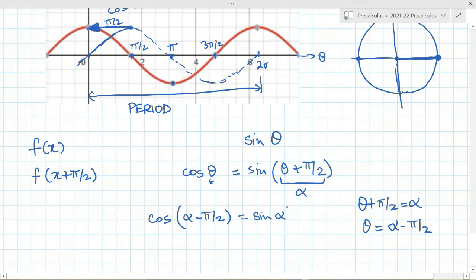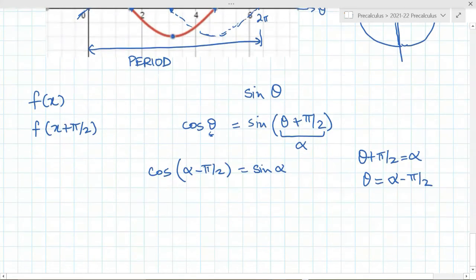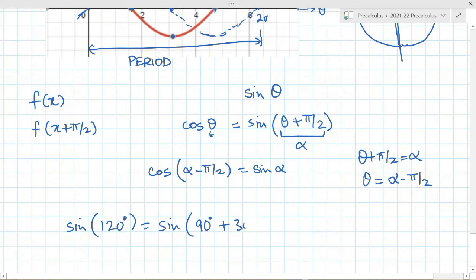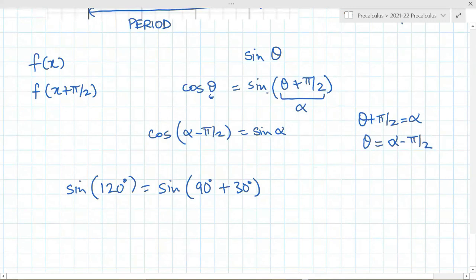See, this gives us an interesting way to convert between sine and cosine. So if I have, let's say, sine of 120 degrees, right? I can write it as sine of 90 degrees plus 30 degrees, right? And 90 is pi over 2, right?